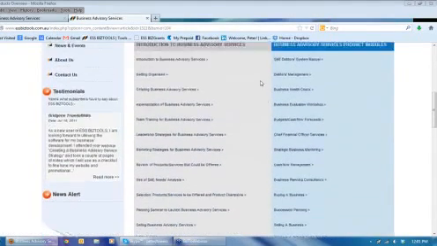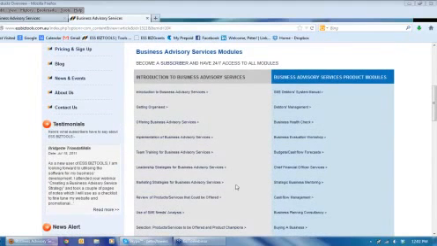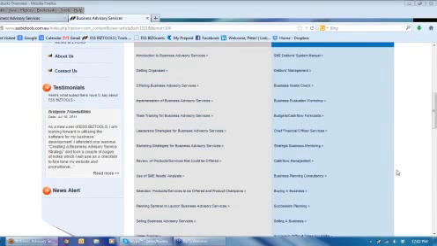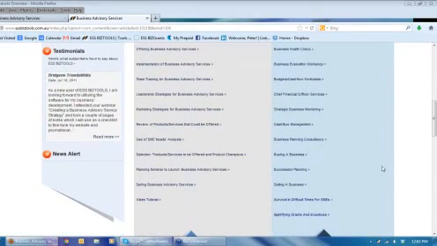What's on the left-hand side of the page is the material that we have in separate modules to help an accountancy business prepare themselves to offer business advisory services. And on the right-hand side of the page is the actual products which we've developed. The one we're going to today, down near the bottom, is Selling a Business.